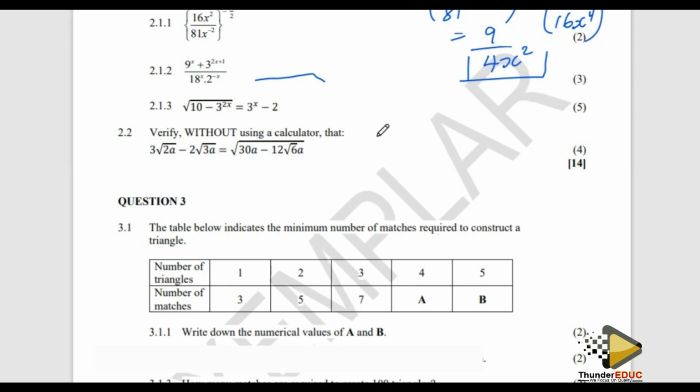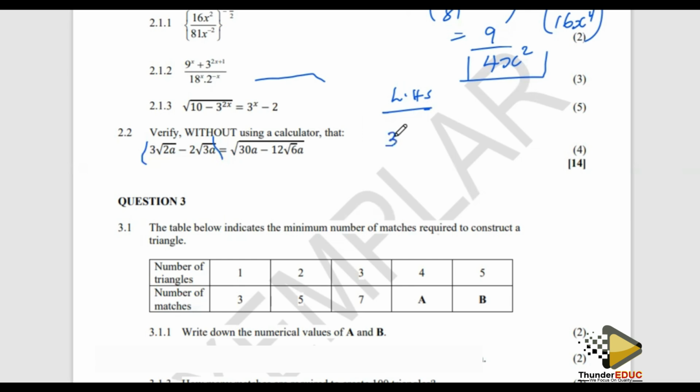So what I'm going to do, I'm going to start from the left-hand side, whereby I will try to square the left-hand side. Remember, it's not squared, but let me square it. And then afterwards, I'll get rid of the square by finding the square root.